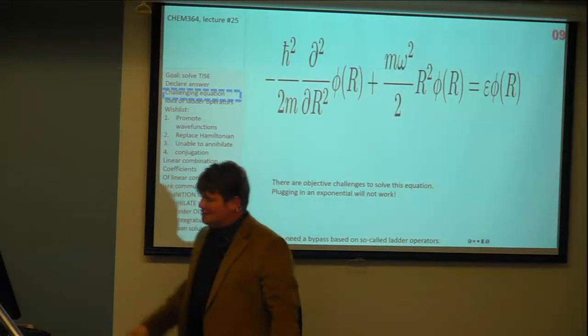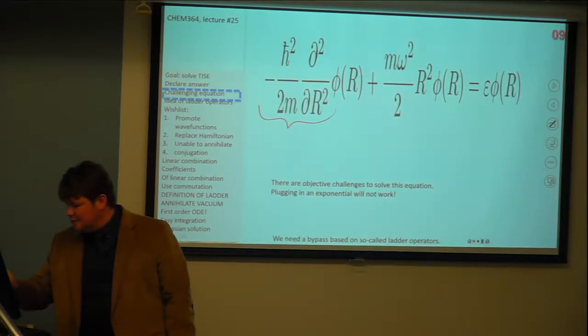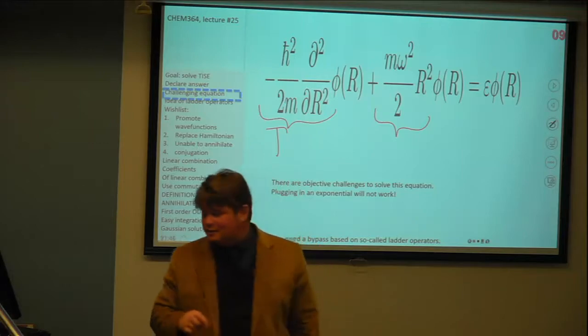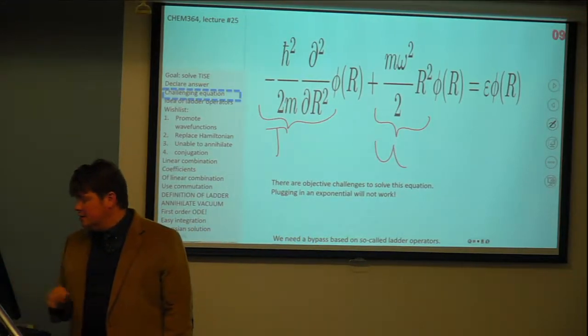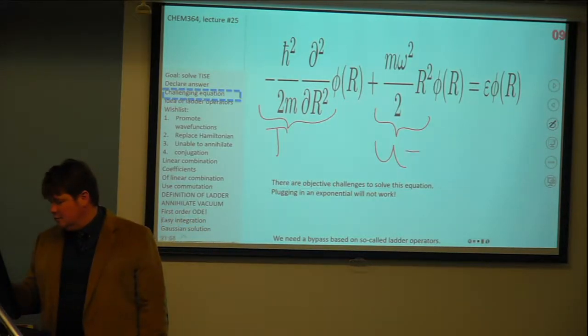So kinetic energy. Then what is this? Yes, potential energy. And for potential energy, we did a Taylor expansion around the equilibrium, right? So it was the value at equilibrium plus the first derivative times the deviation from equilibrium plus the second derivative times the deviation from equilibrium squared.